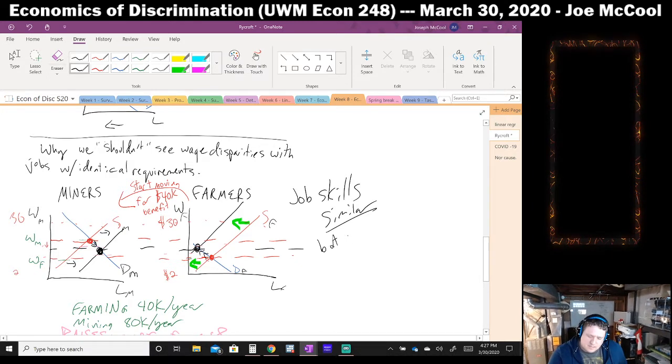Job skills are similar, but it pays more. People switch until there's no benefit to switching.